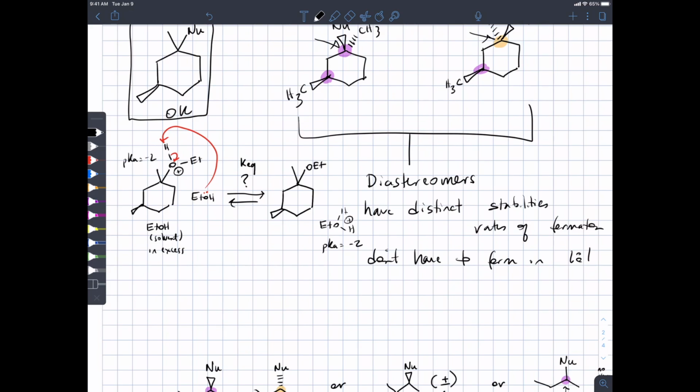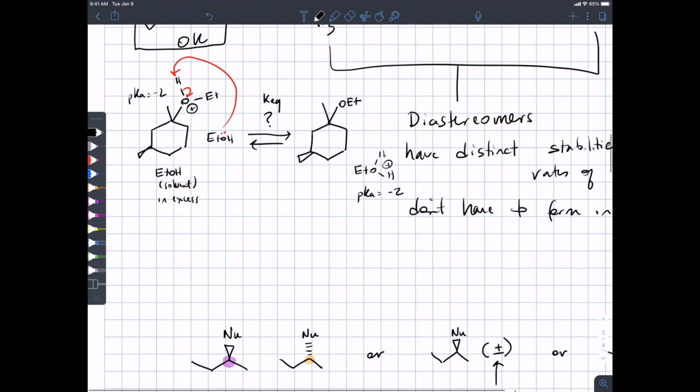So the equilibrium constant may or may not be close to 1, especially if we have a crazy large amount of ethanol. It might actually push the reaction to completion, and in any case, we know that removing the proton is reasonable. That's the product. Now, I'm never going to show you these two options and try to trick you and say, is this the product or is that one the product? Because that would be pointless.